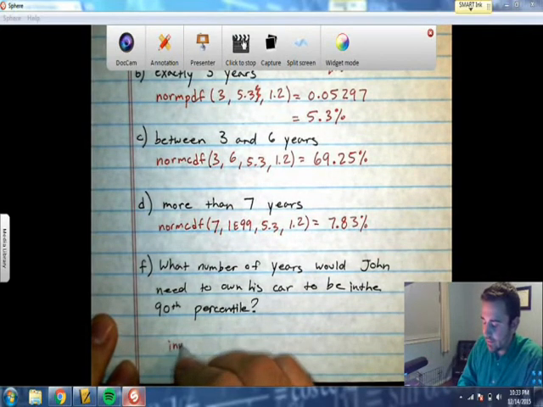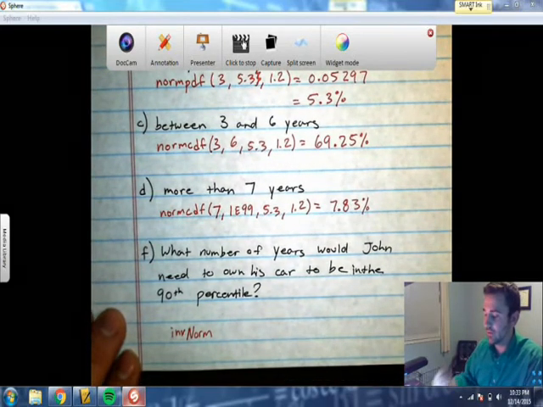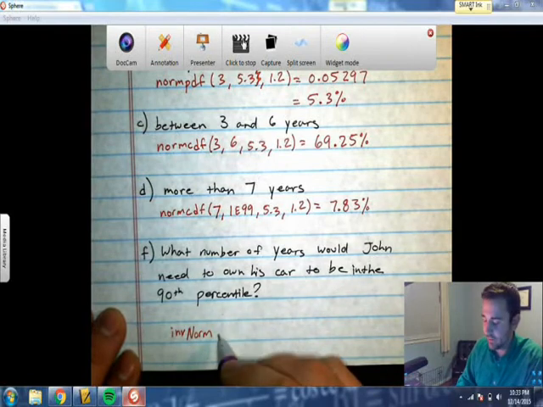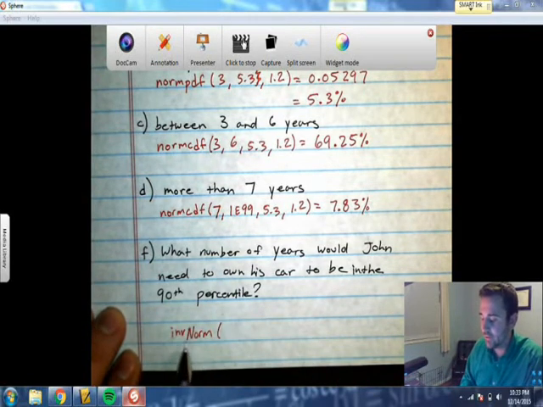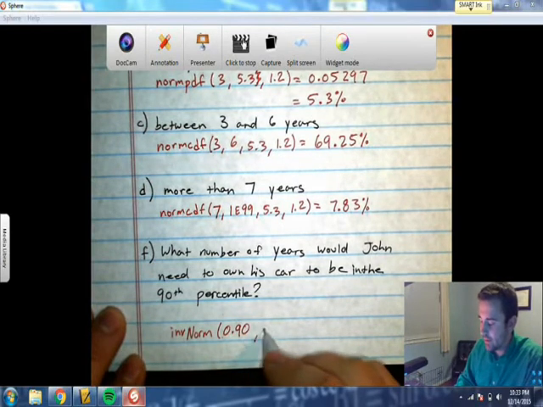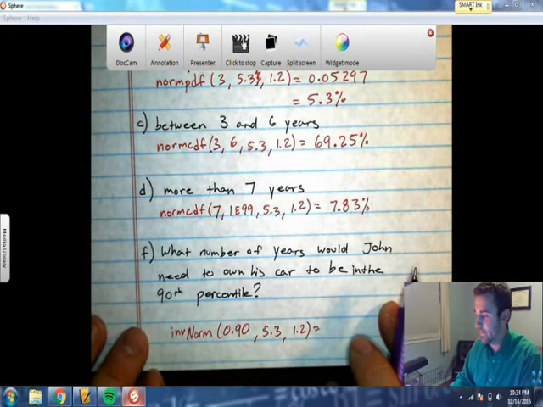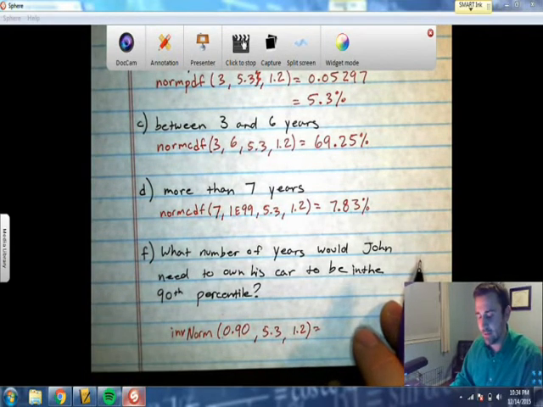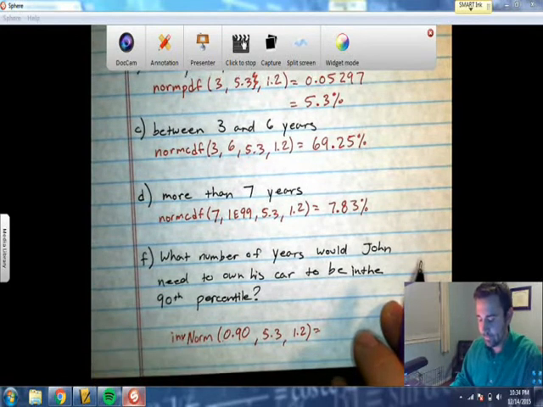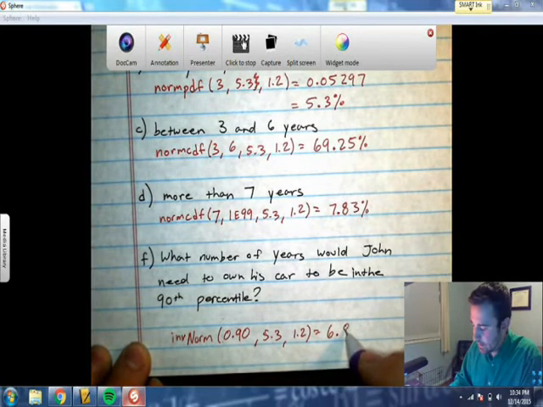Since the bottom probability is given, we're going to use the inverse normal function. With the inverse normal function, we put in the bottom percent, which is 0.90 for the probability, and then the 5.3 for mean and 1.2 for standard deviation. And when I do this, I get 6.84.